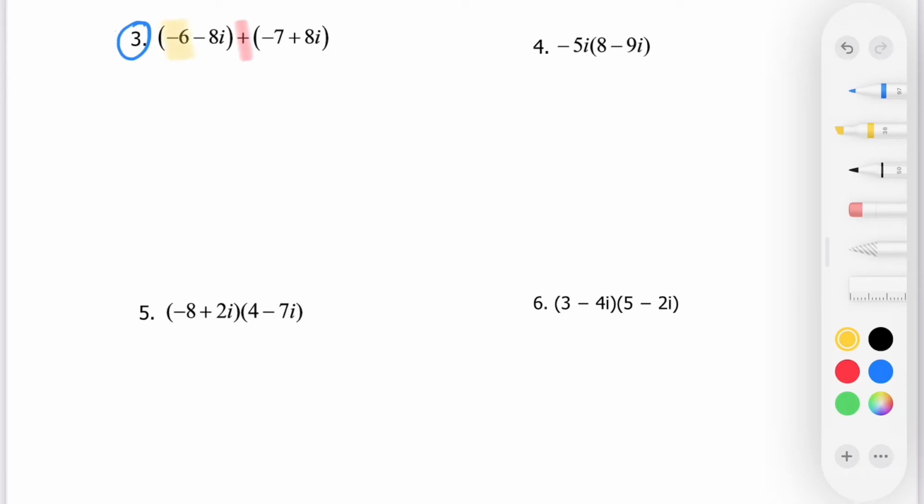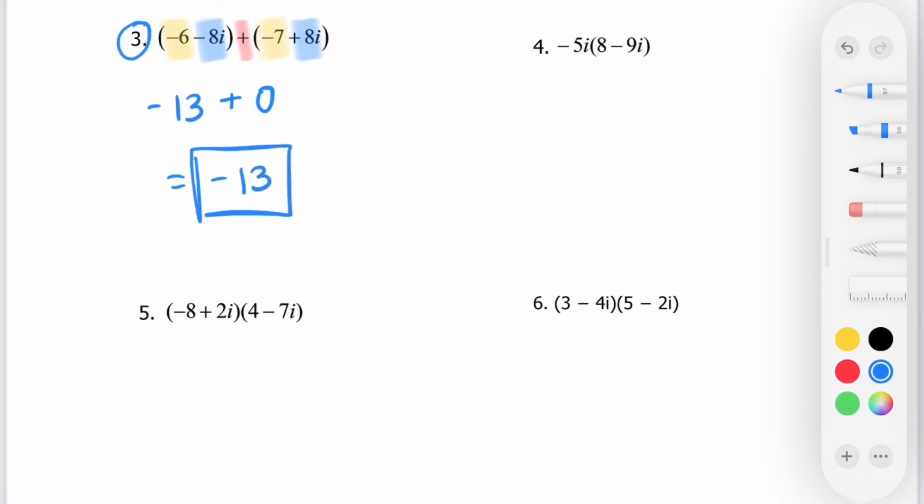So -6 plus -7 is -13. So I'm adding the real parts together. And then the imaginary parts would be -8 and +8. Those zeroed out, so we ended up with -13 plus 0, and -13 plus 0 is just -13.